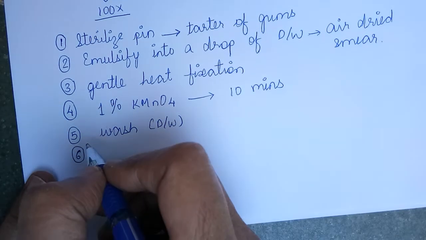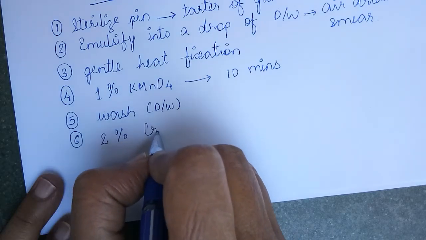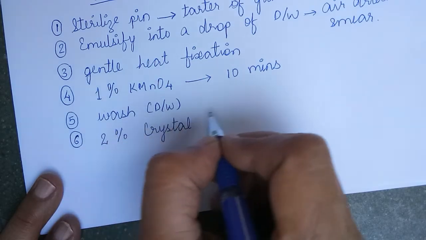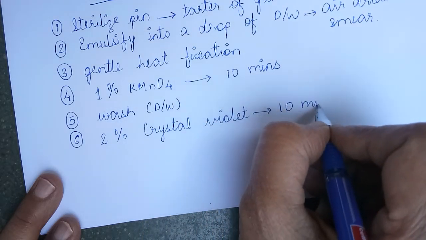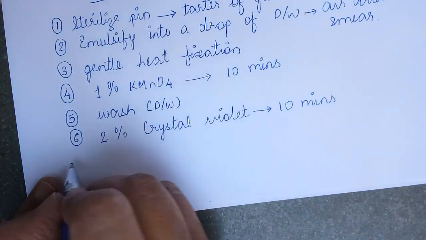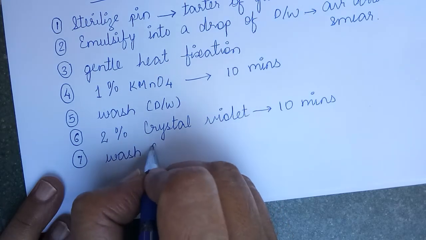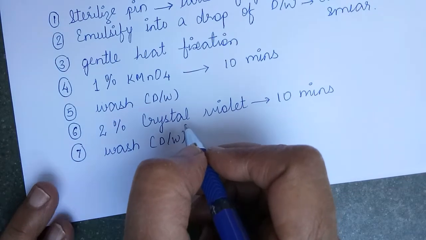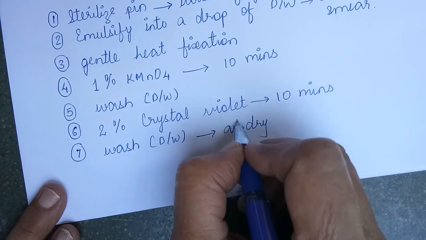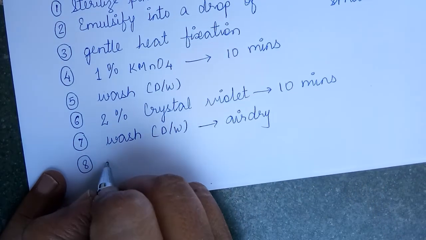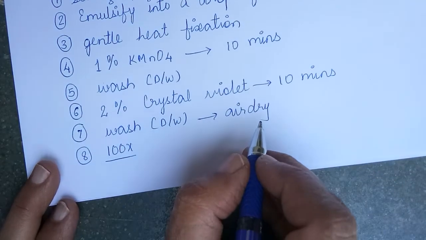Then we cover the slide with 2% crystal violet solution for 10 minutes. Next we give a gentle wash with distilled water. Then it is allowed to air dry completely, and the last step is to observe the slide under 100x, that is the oil immersion lens.